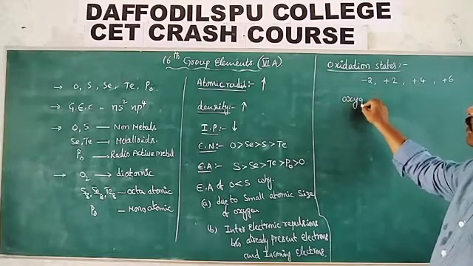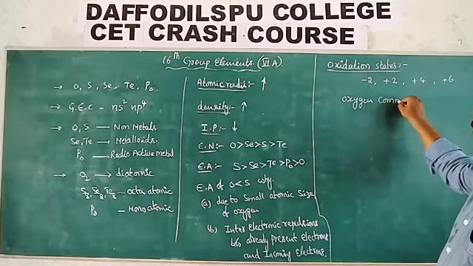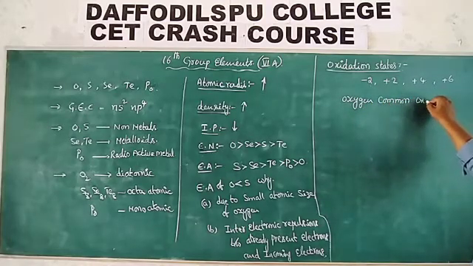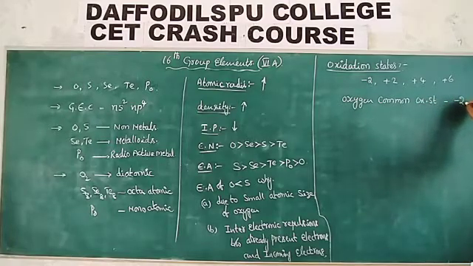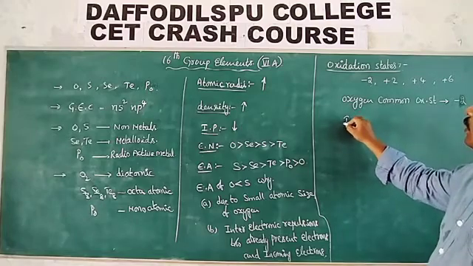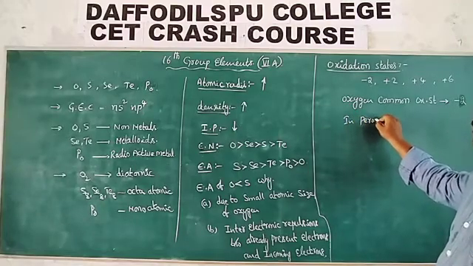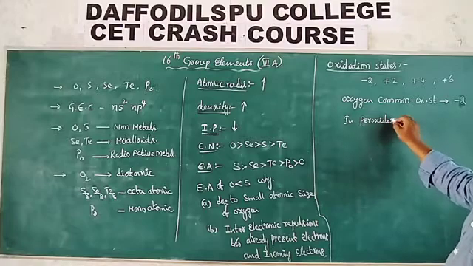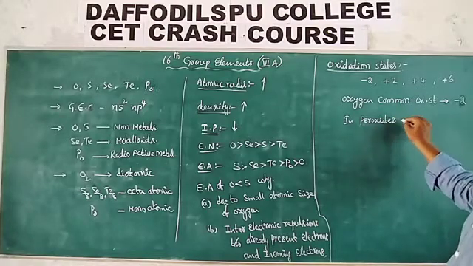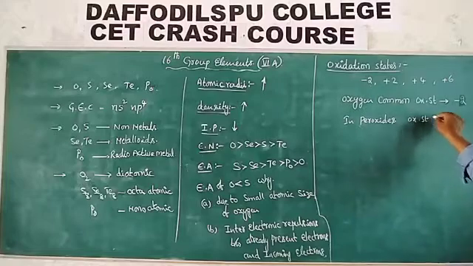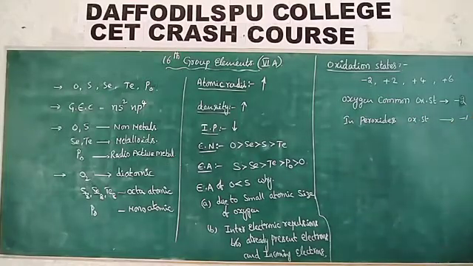Oxygen's common oxidation state is -2. In peroxides, the oxidation state of oxygen is -1.